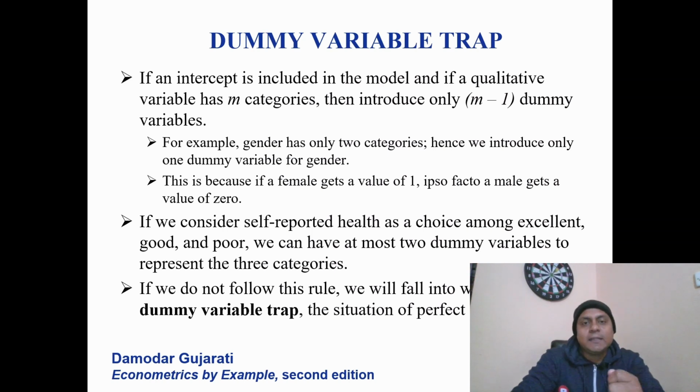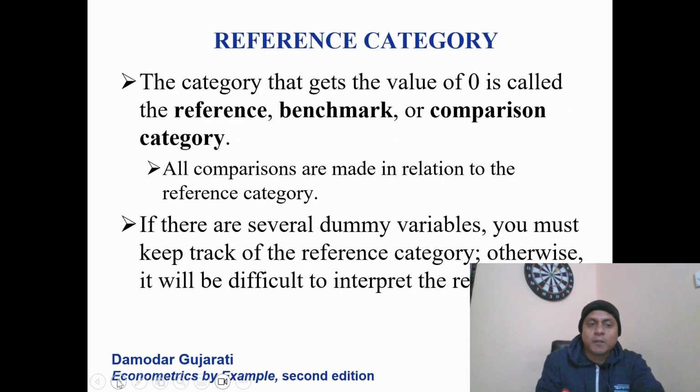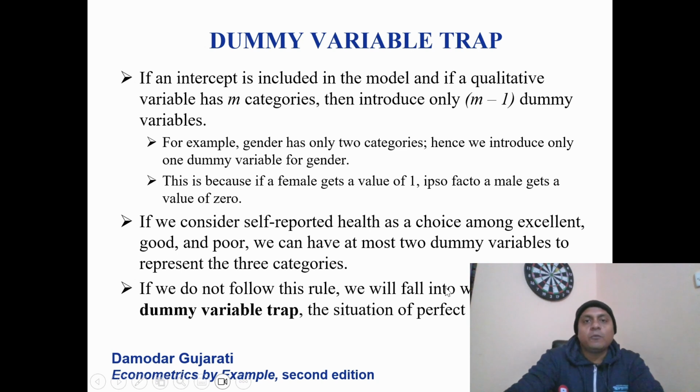Now there is one thing you have to remember, called the dummy variable trap. If an intercept is included in the model, and the qualitative variable has m categories, you need to choose the dummy variables depending on the m-1 criterion. This is very important to remember, because without that you will not be able to pick the right model for the regression analysis.